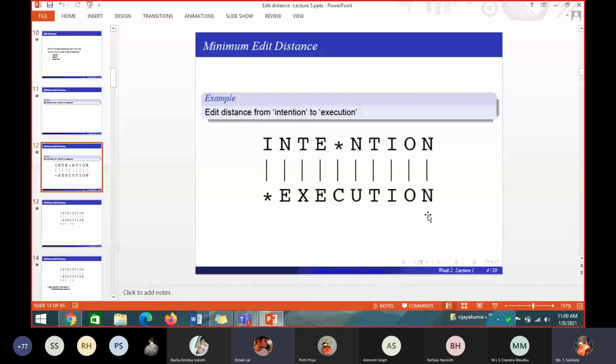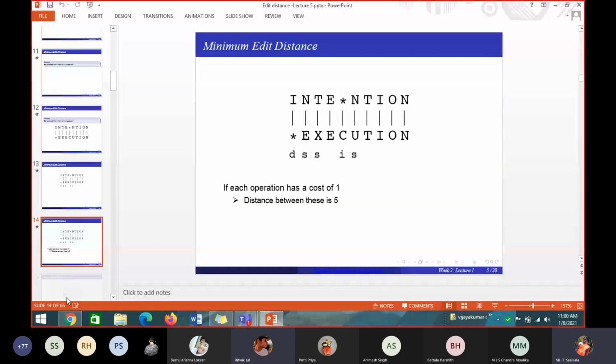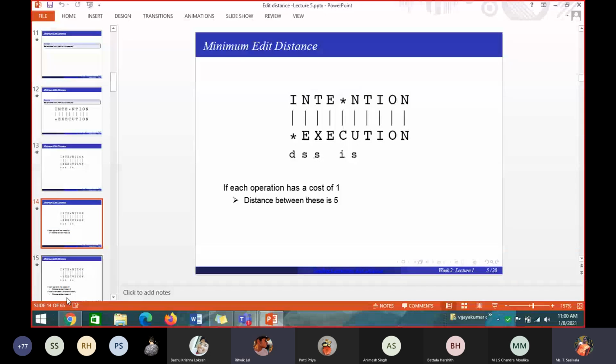No. So how many edit operations have I applied? Can you tell me totally to convert intention to execution? Totally 5 edit operations. So what are the edit operations? How many delete operations? 1 delete operation, 1 insertion operation, and 3 substitution operations.